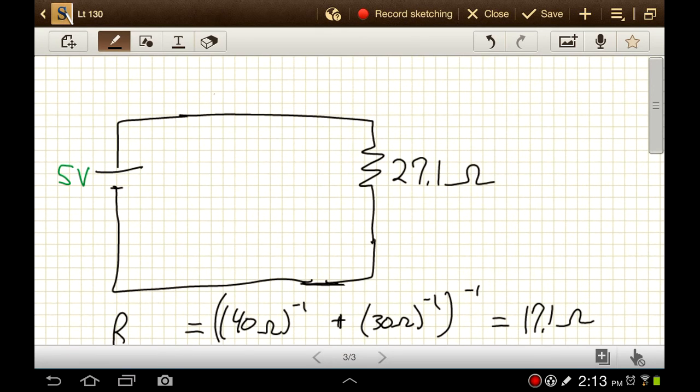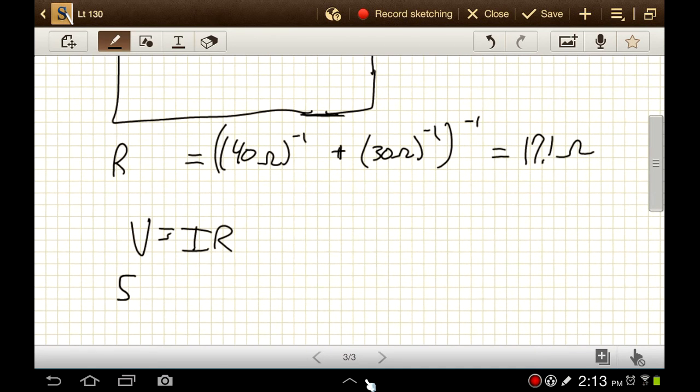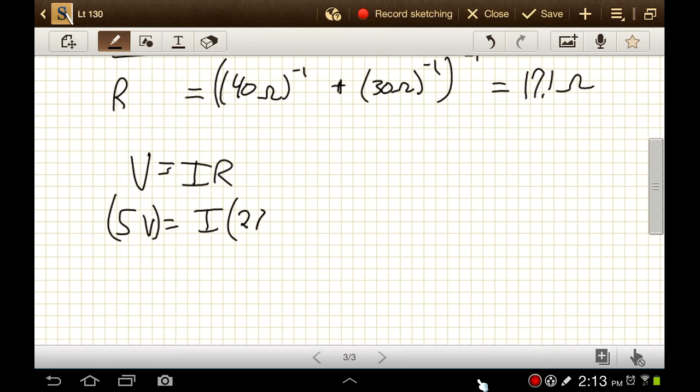So if we know that the voltage across the entire circuit is 5 volts and the equivalent resistance is 27.1 ohms, then I can use V equals IR, where V is 5 volts, equals I times my resistance, which is 27.1 ohms.